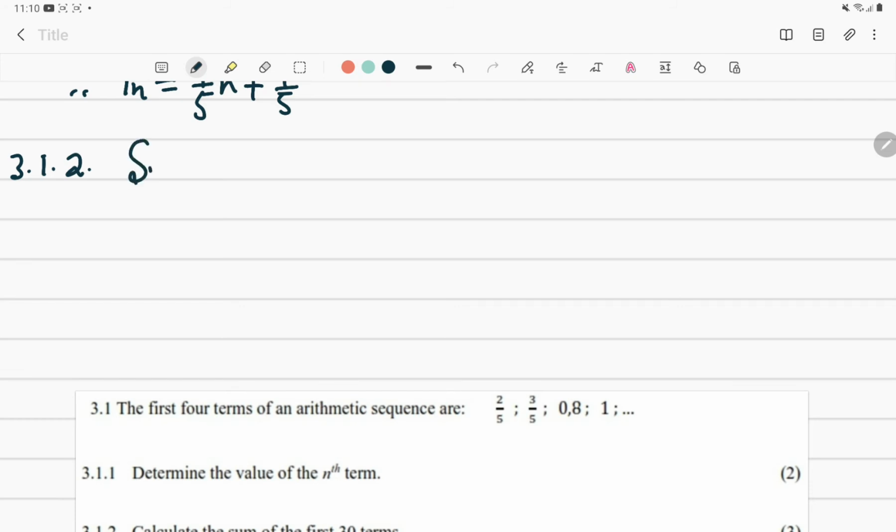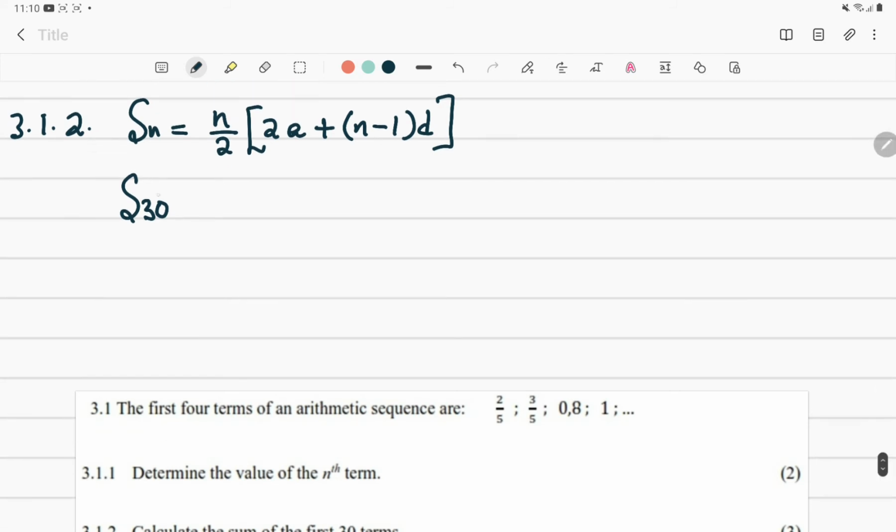The Sn formula for an AS is n over 2 times (2a plus (n minus 1)d). Then S of 30, remember, the sum of the first 30 terms.